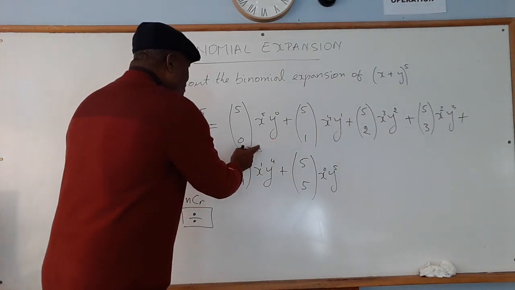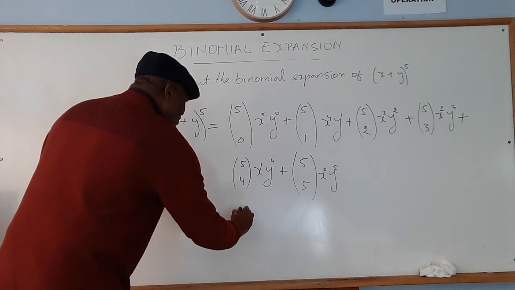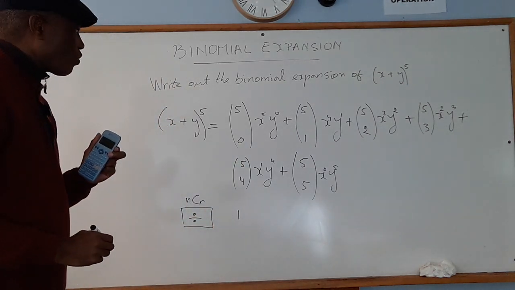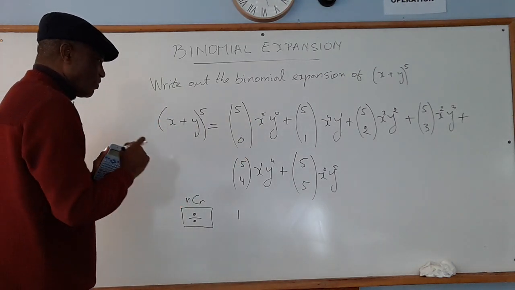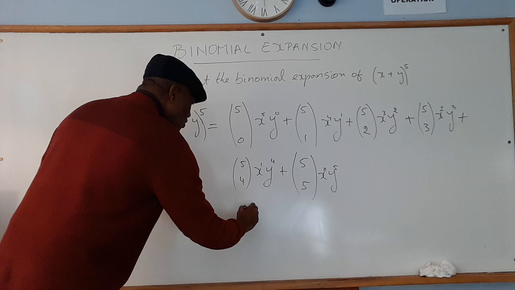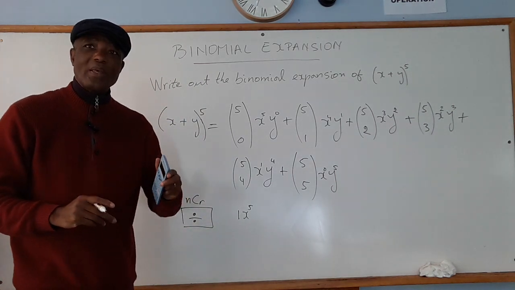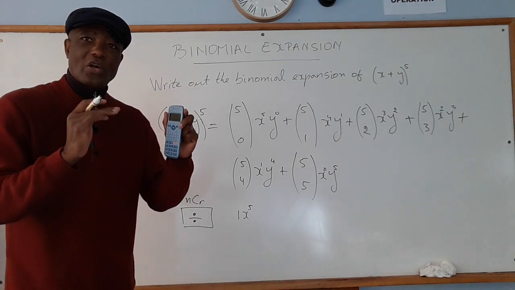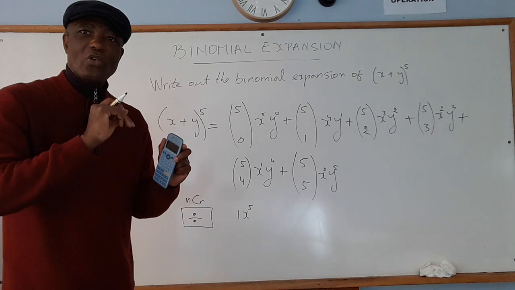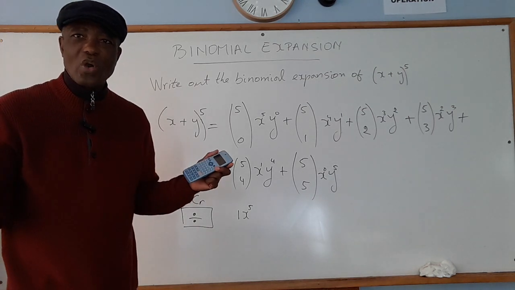Now, for this term, the bracket gives me the value 1, multiplied by x to the power of 5, and y to the power of 0. Anything to the power of 0 is 1. 5,000 billion to the power of 0 is 1. 3,000 to the power of 0 is 1.